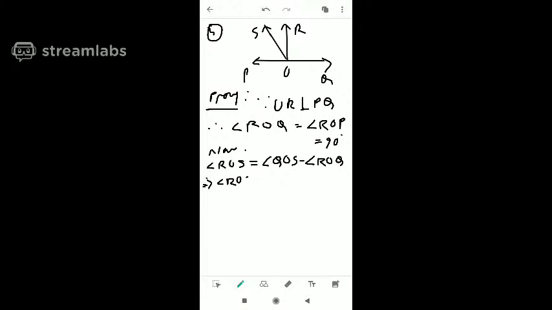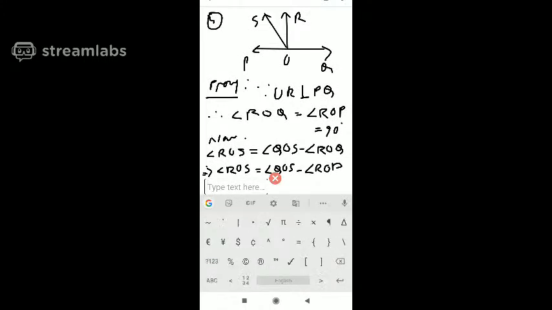angle QOS remains the same, and in place of ROQ now we can write angle ROP. Less space is there, so I'm going to write here.